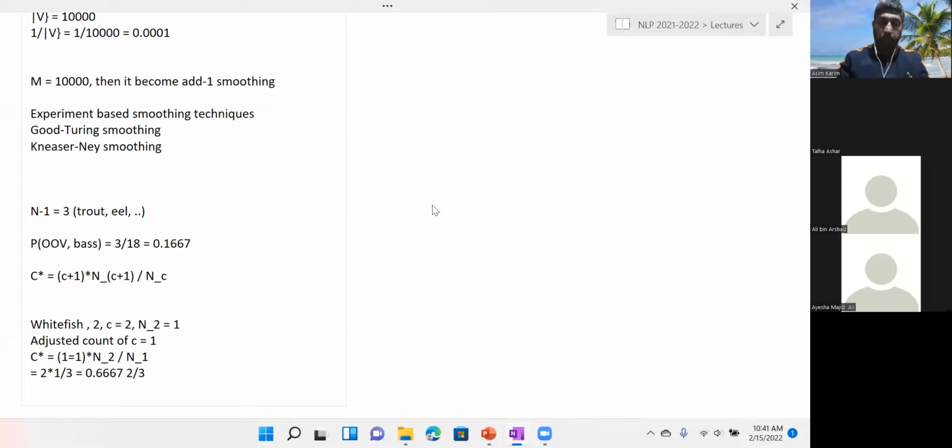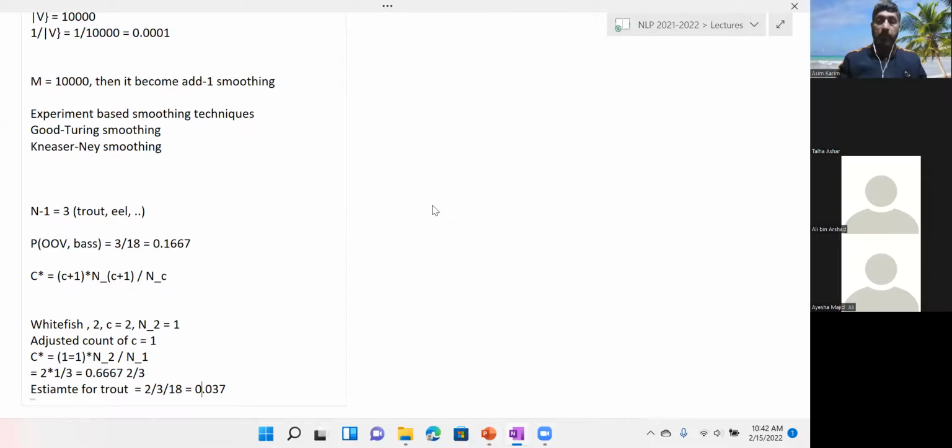So now our estimate for, let's say, trout, which occurred once, T-R-O-U-T, trout, would then be 2 over 3 divided by 18.